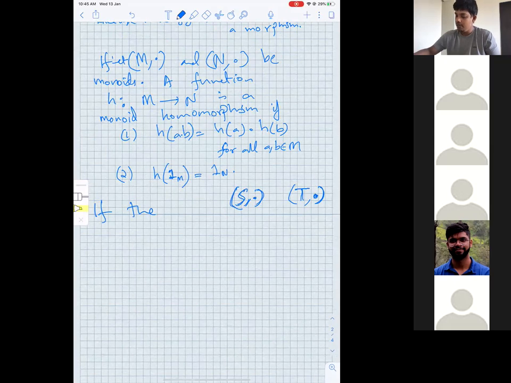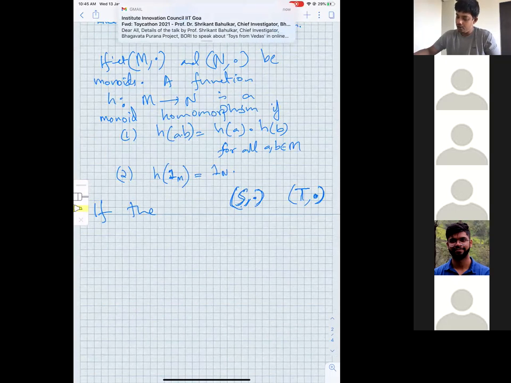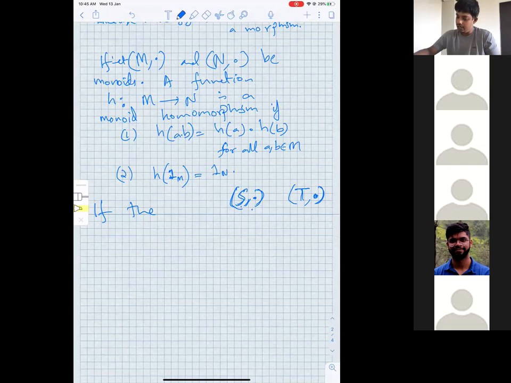Between any two finite semigroups there is a homomorphism. Why? Because both of them have an idempotent. So T has an idempotent E, and you take the function which maps every element x to E. That is a semigroup homomorphism, and it is not a monoid homomorphism.